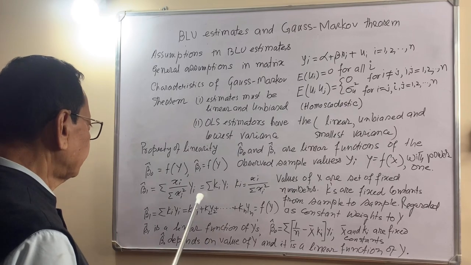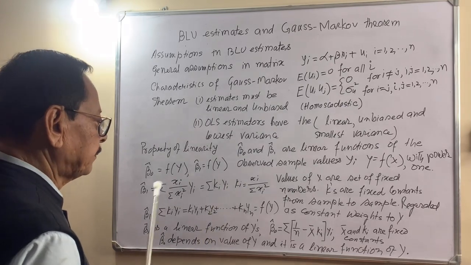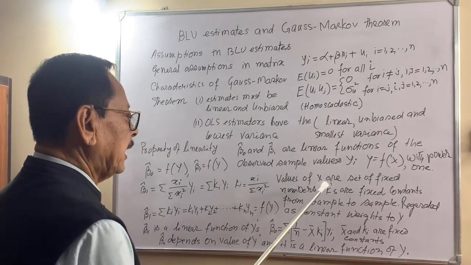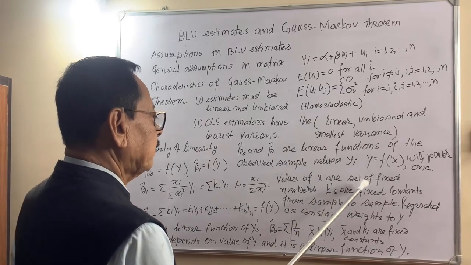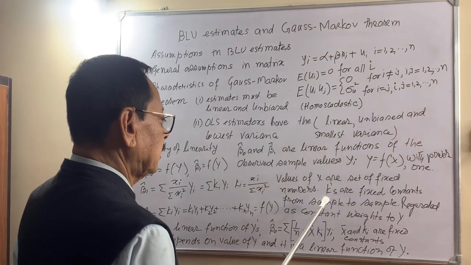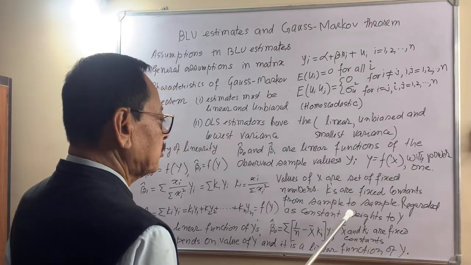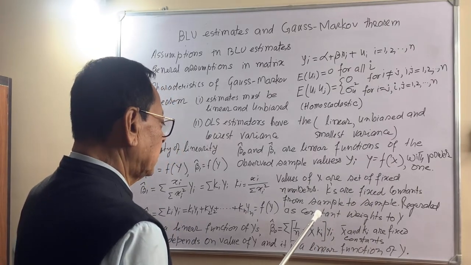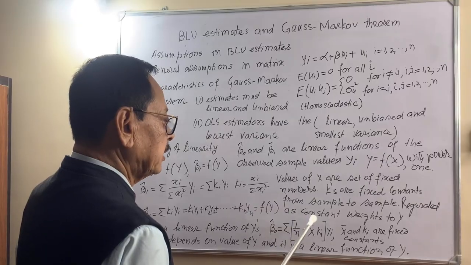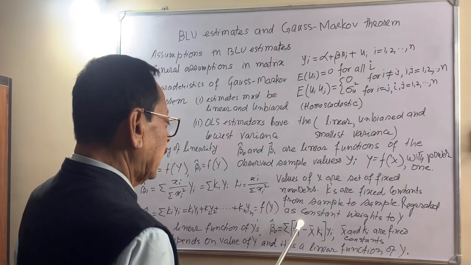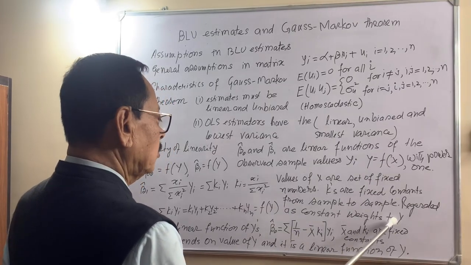Values of x are a set of fixed numbers, and the k's are fixed constants from sample to sample, so they are regarded as constant weights on y.